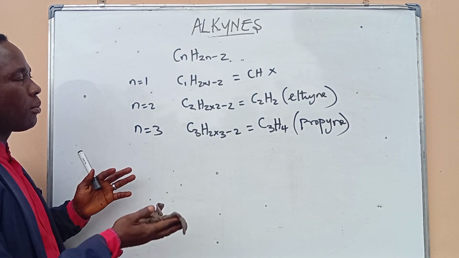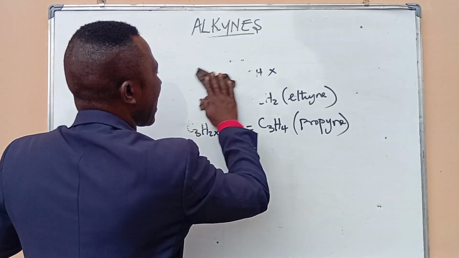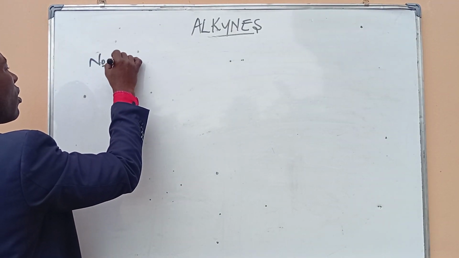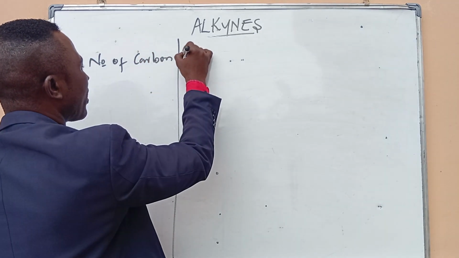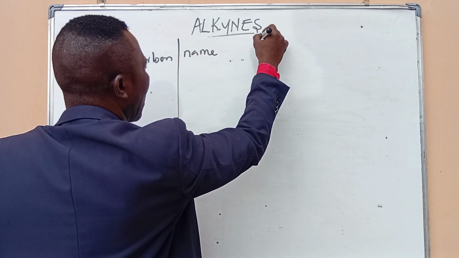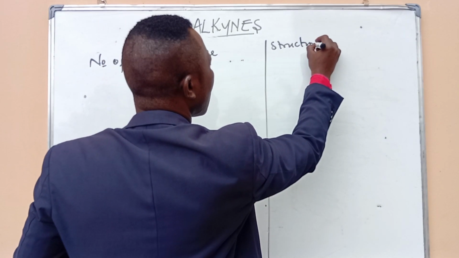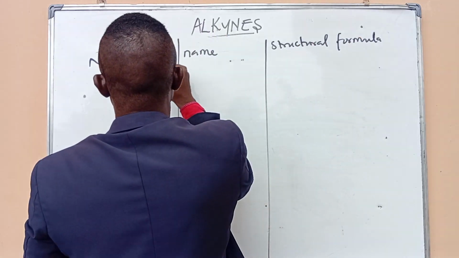Now I can give you a few members of this alkyne series and their structures. For the number of carbon atoms, we have a name and a formula.